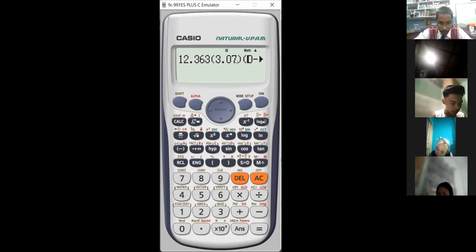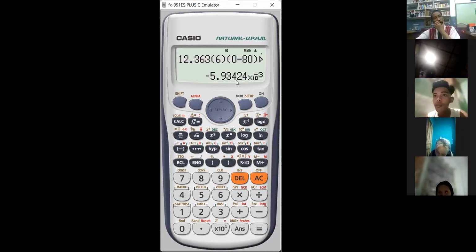Our thermal expansion is 6.0, or 6. And therefore, we can just press equal sign. And the answer is this one: negative 0.00. There are two zeros because of times 10 to the negative 3.